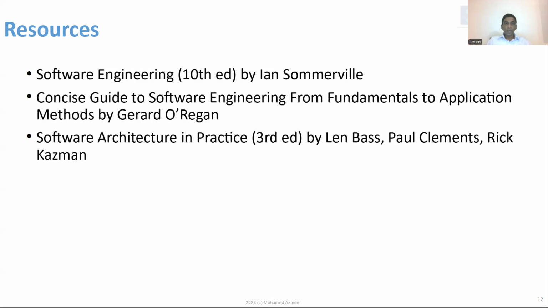It's a very good book. The third one is a collection of essays from lots of different people, Software Architecture in Practice. These authors have gone to different companies to study what they do and how they build software. So it's a collection of lots of learning there, and this also has a section on software quality assurance.